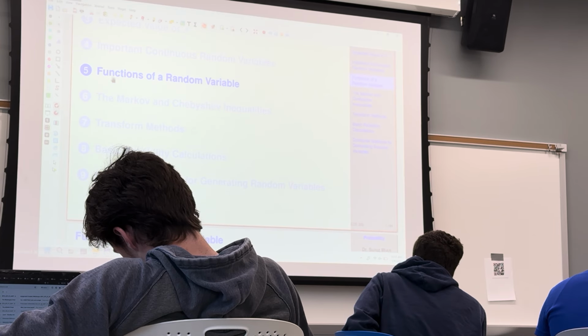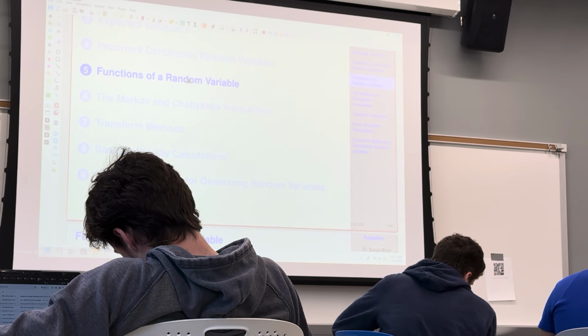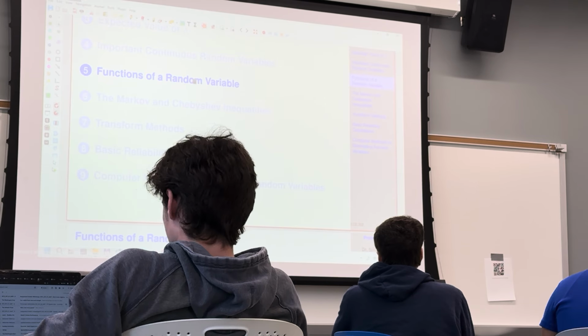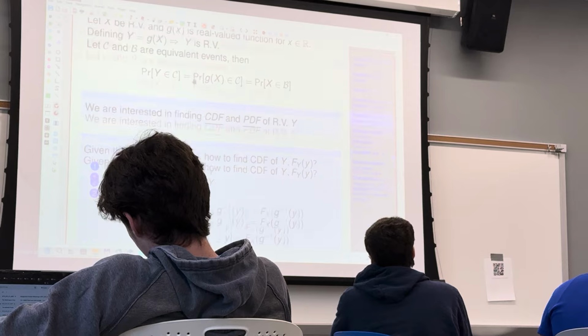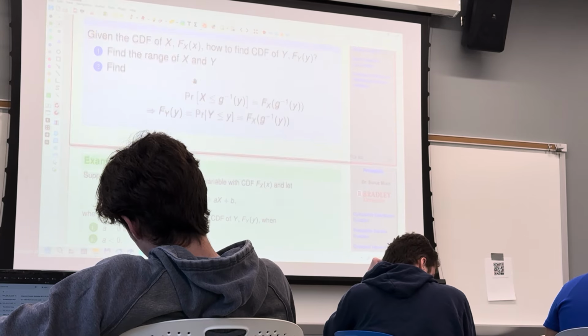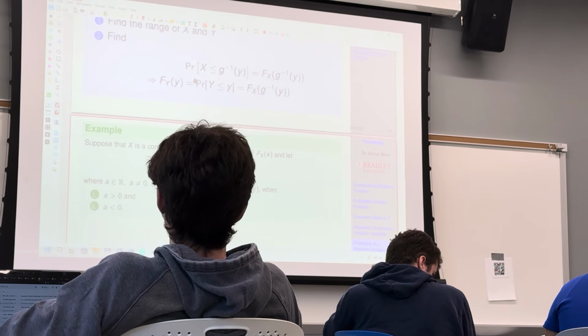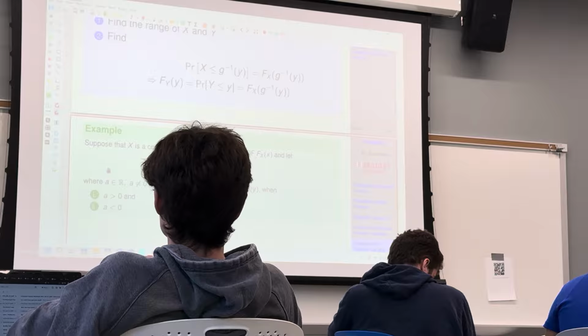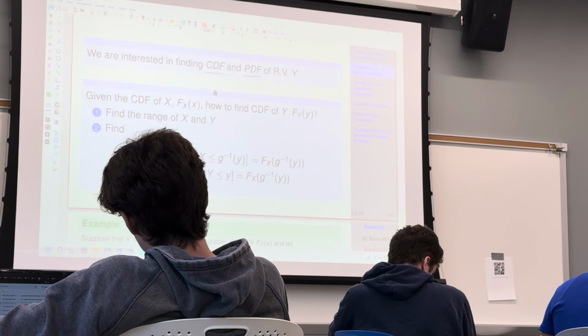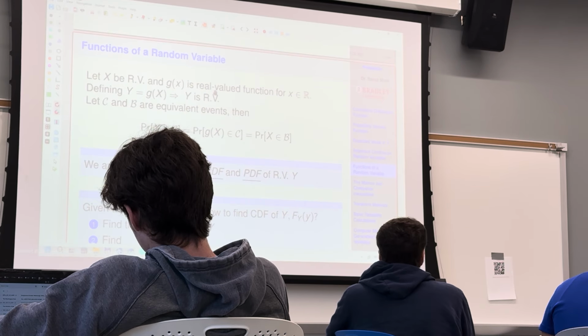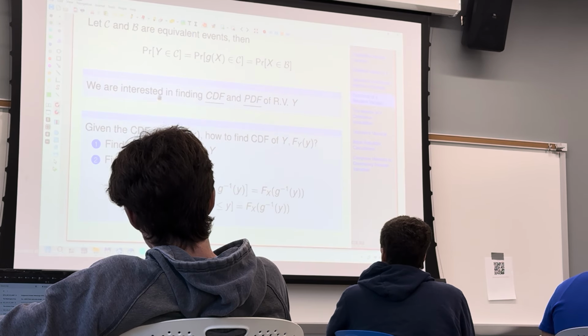And after that, functions of random variables. Functions of random variables, the most important part that you can think of is this example. This example shows how to make use of these functions of random variables, these two steps.